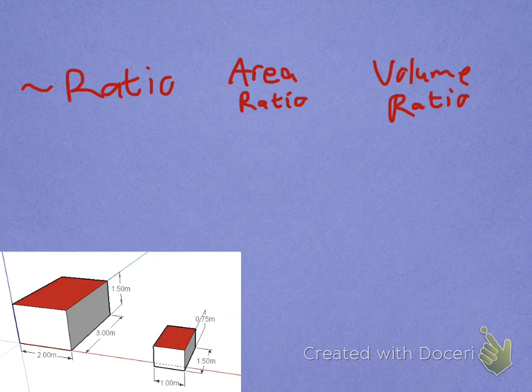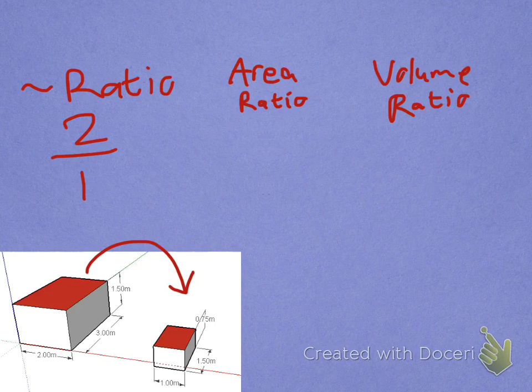So let's look at something here. We're using the same example. Their similarity ratio, we already said, going from this shape to this shape, you have to keep the order the same, is 2 to 1.